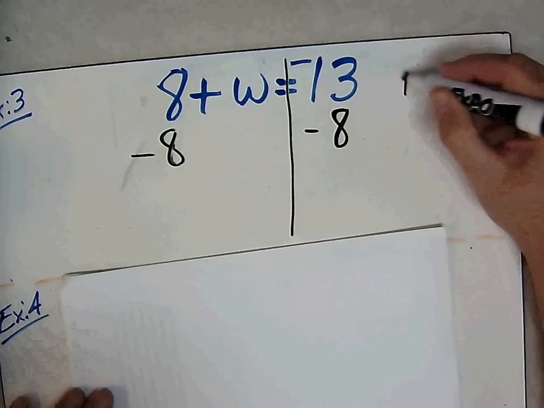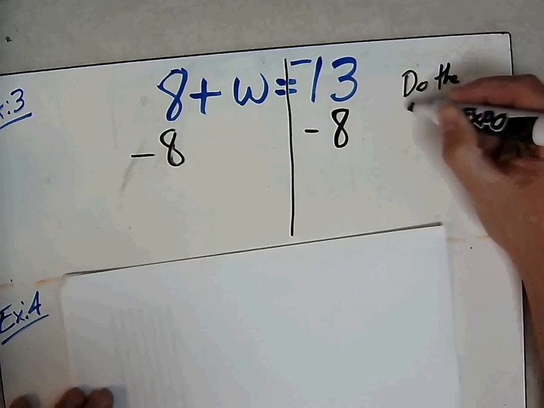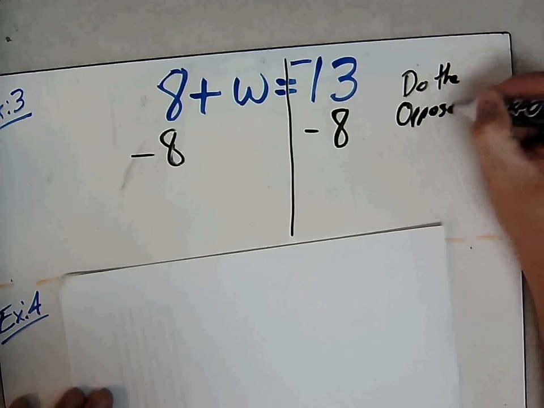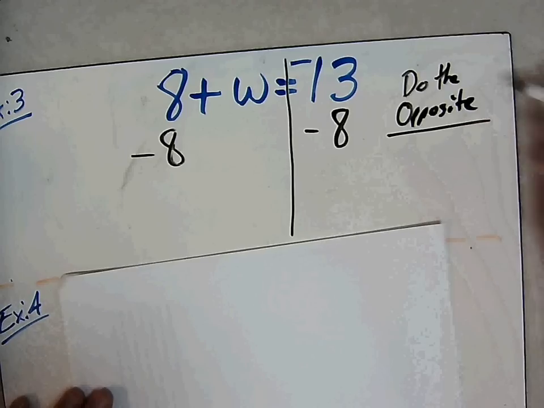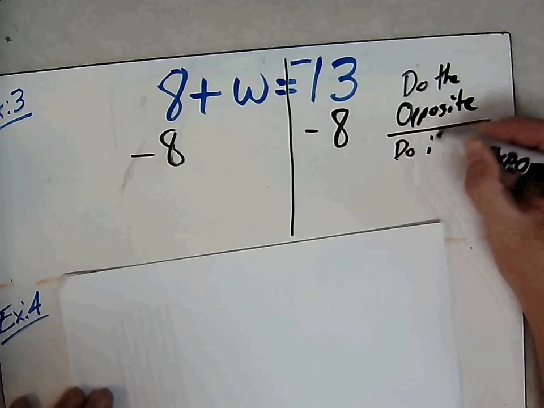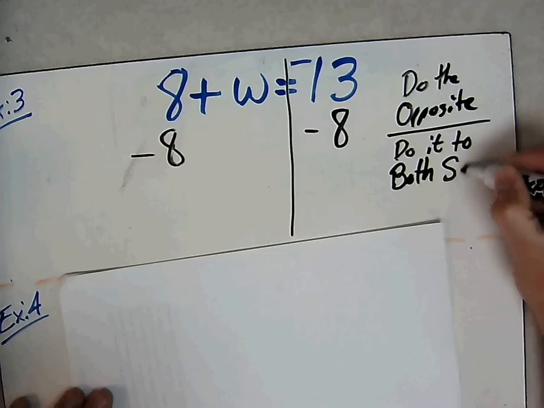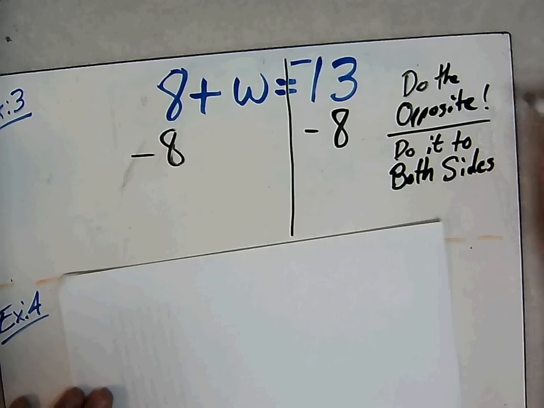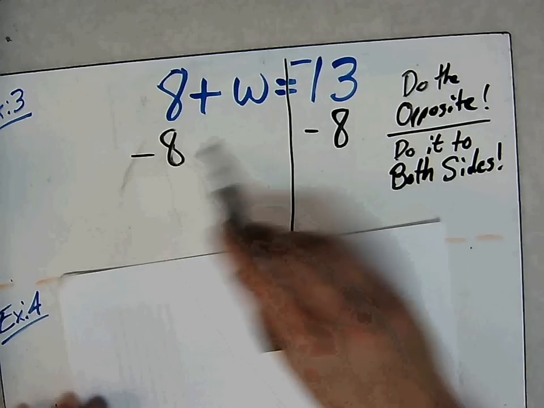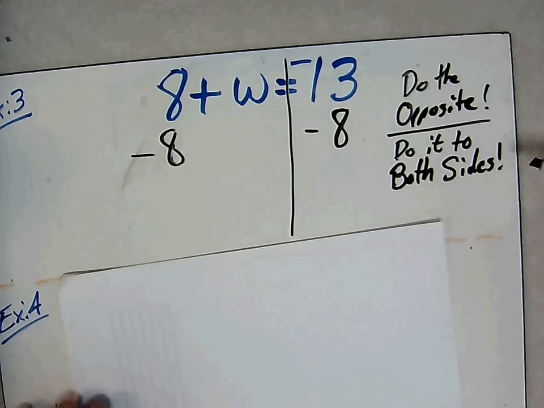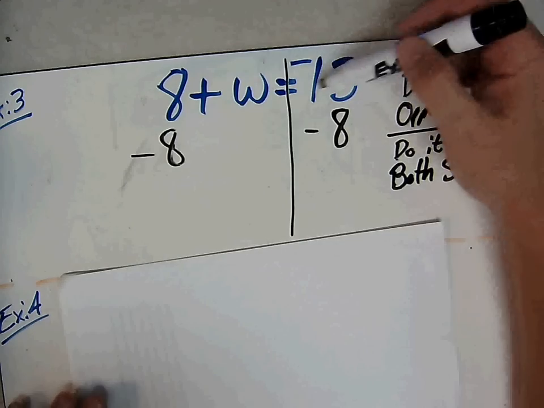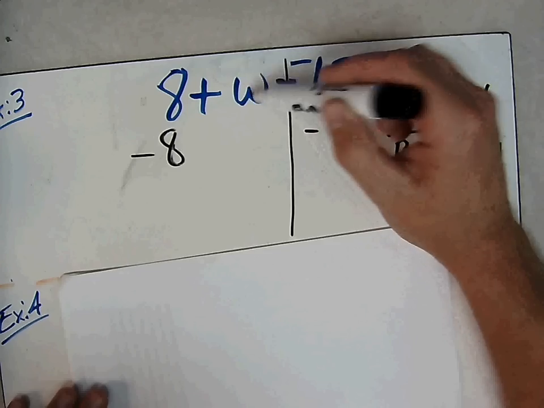So remember, do the opposite and do it to both sides. Okay, so we did the opposite and we did it to both sides. You're not going to get rid of the 13. You want to get rid of whatever's on the variable side.